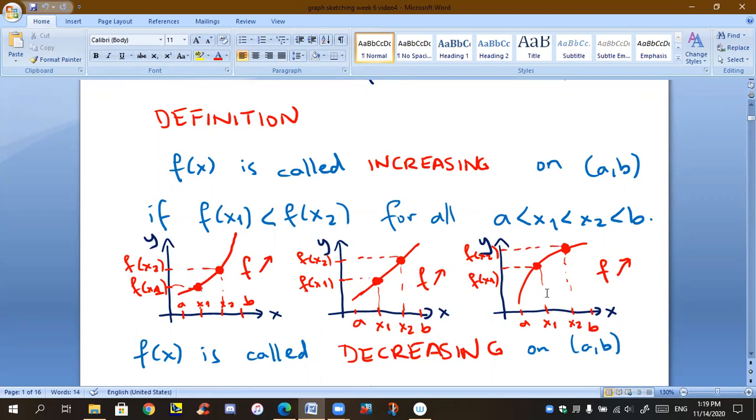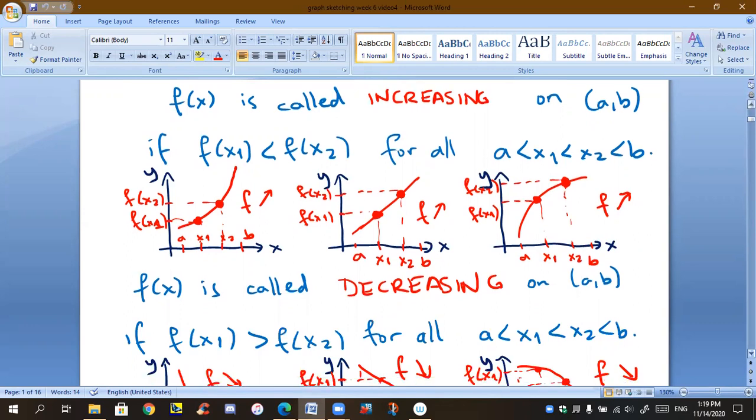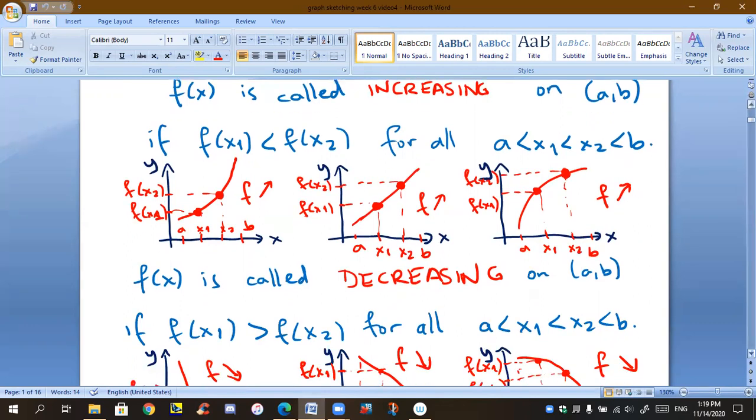But the difference between these three functions is actually determined by the concavity, which will be related to their second derivatives, but we'll come to that. And then a function is called decreasing on an interval if f of x1 is bigger than f of x2 when x1 is less than x2 in the interval.